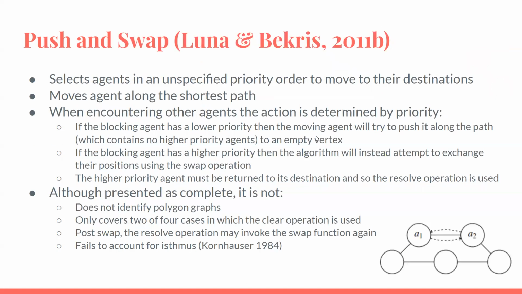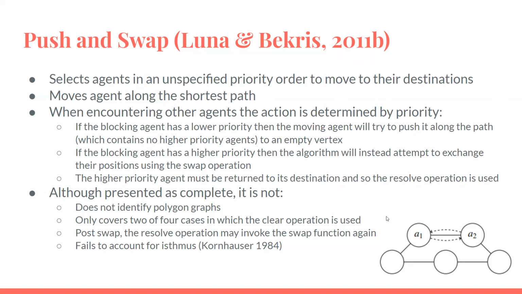Another shortcoming here is that recursive calls are possible after the swap operation, and recursive calls here could result in a higher priority agent being 2 steps removed from its destination, and this could cause a failure. In this figure, it doesn't matter who is moving.